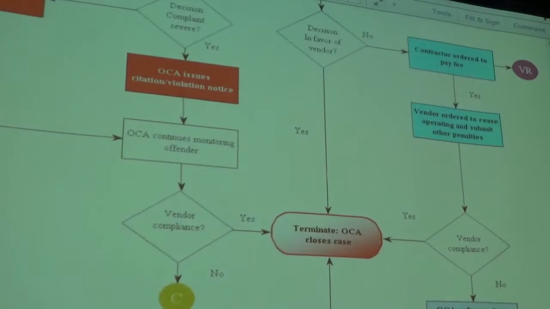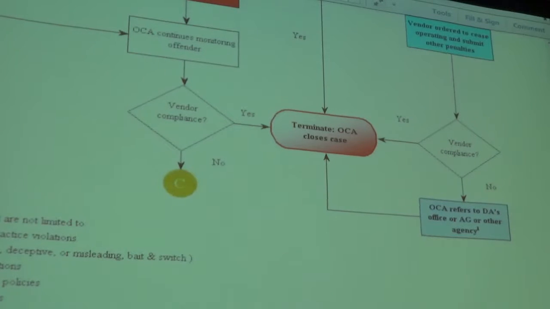If the retail vendor is in compliance, then it terminates. If it's no, then OCA refers the case to the district attorney's office or the attorney general, and that is outside of the purview of the Office of Consumer Affairs. That triggers the processes in the district attorney's office or the attorney general for the state of New York.